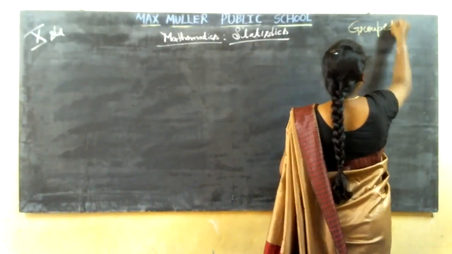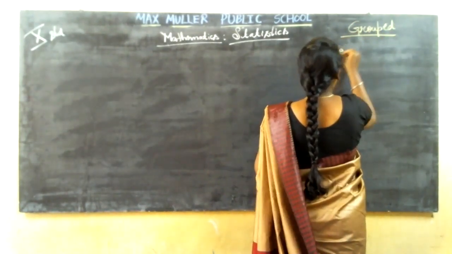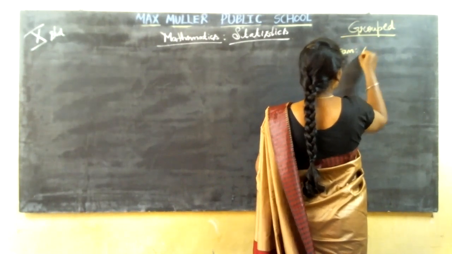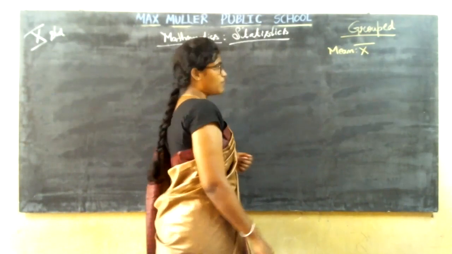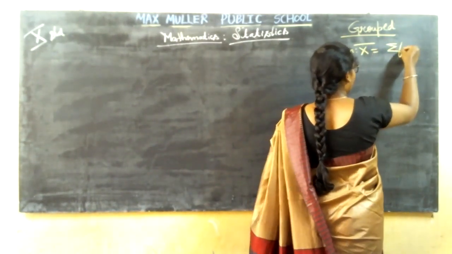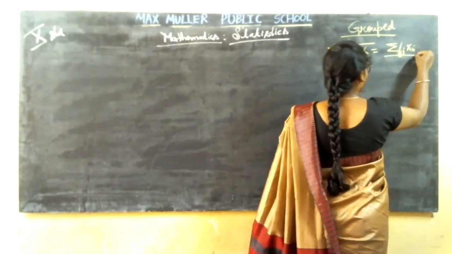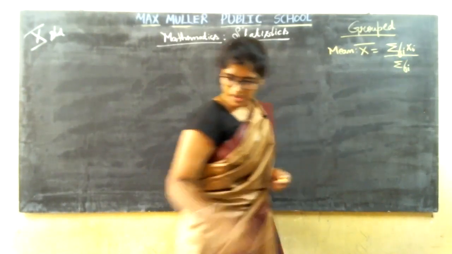For a group data, how are you going to find the mean? Mean is equal to, what is the symbolic representation of a mean? That is, x bar is equal to summation of fi xi divided by summation of fi. What is this fi?